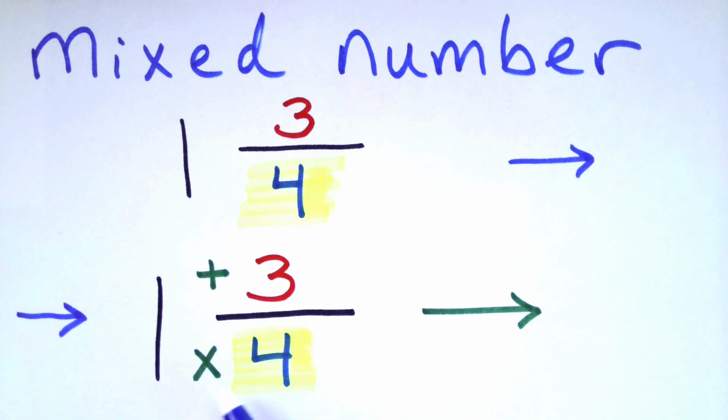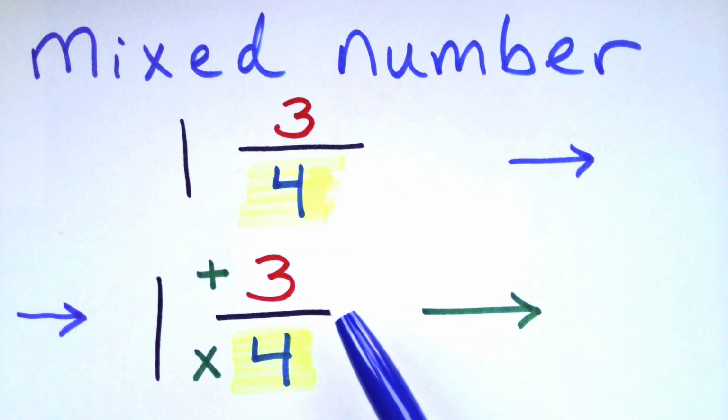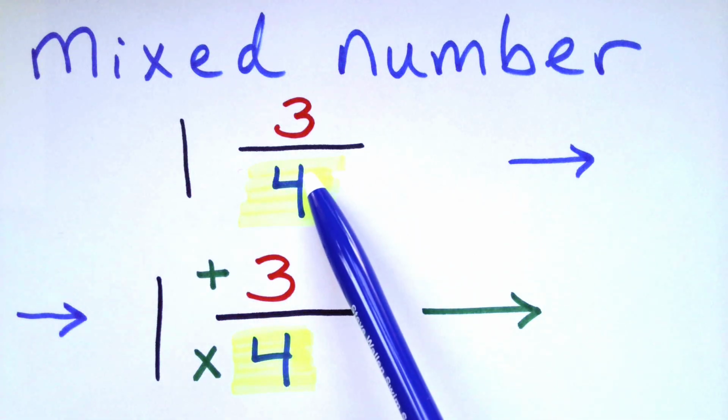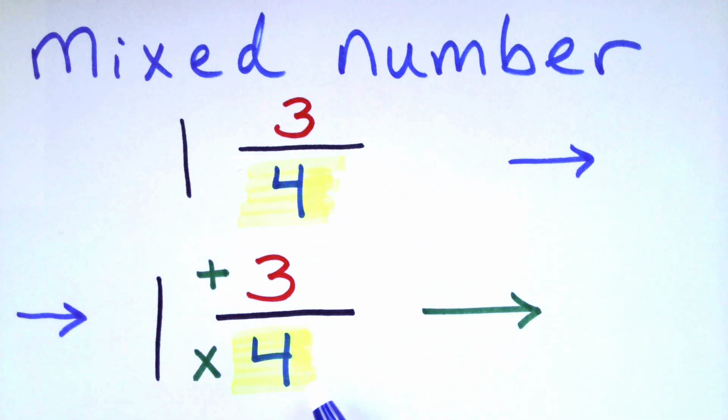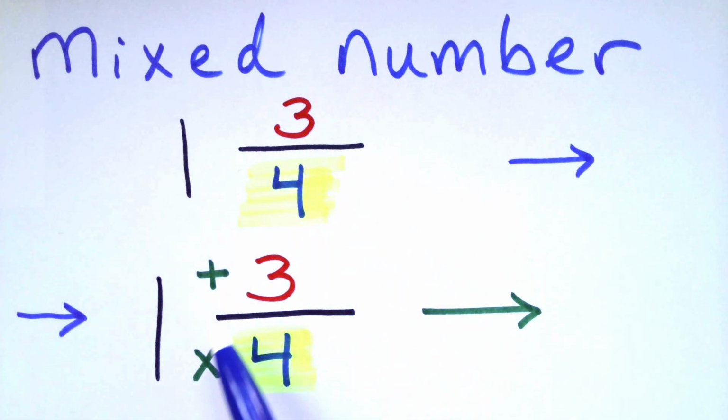So I'm going to take 4, multiply it times the whole number, and then take the product, which is 4, and then add it to the numerator, or the top part of the fraction. Now I've highlighted here the denominator 4 throughout this example to show you how the denominator stays the same throughout the process.